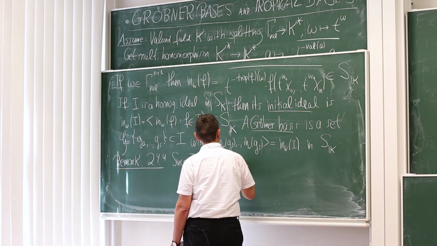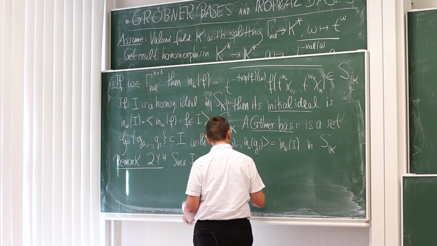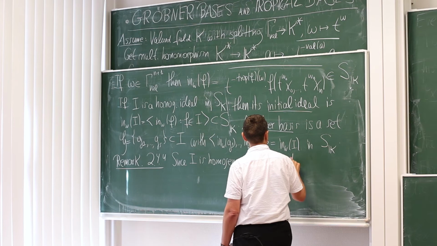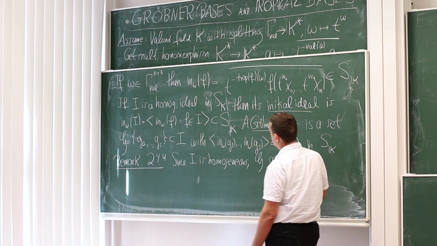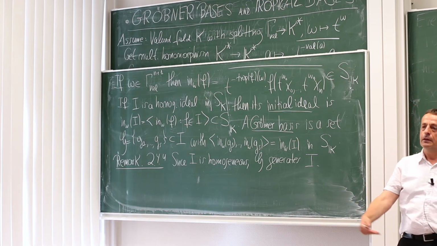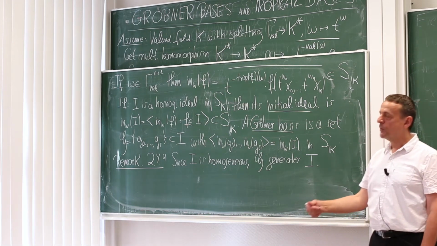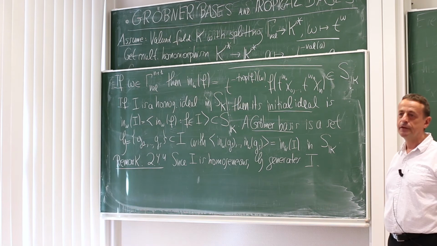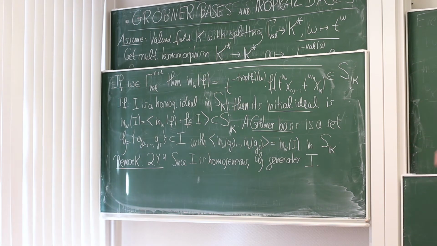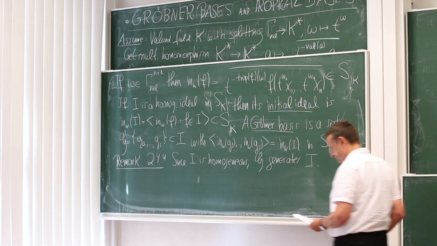So since I was assumed to be a homogeneous ideal, G actually generates the ideal. Right? So if you have a Gröbner basis, so if the initial forms in the polynomial ring over the small field happen to generate the initial ideal, then it follows from homogeneity that G upstairs generates the ideal that you start with. Let's see an example.